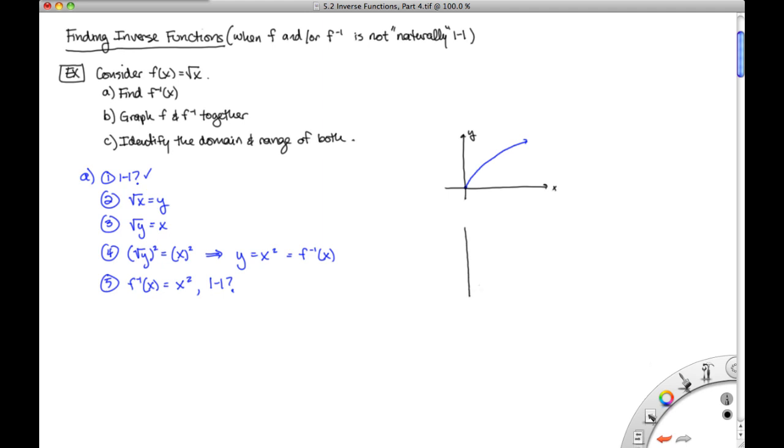If we were to graph x squared, we know that this is a parabola. And if we were to think about this, is this a one-to-one function? Clearly it's not, because if we were to draw a horizontal line in multiple places, this fails the horizontal line test.